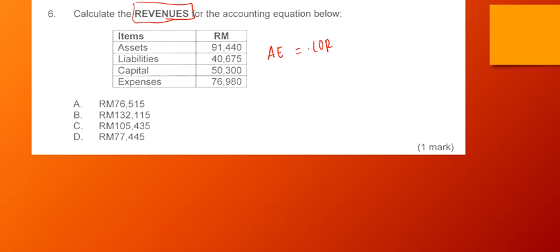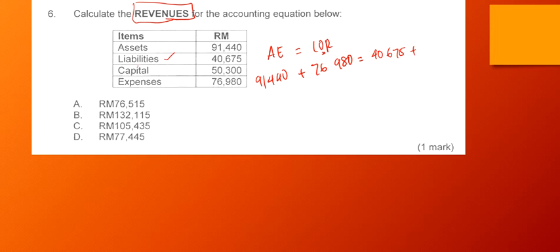Okay, so asset you ada. Okay, expenses you ada 76,980 equal to liabilities. So you ada liabilities 40,675 plus with owner's equity.